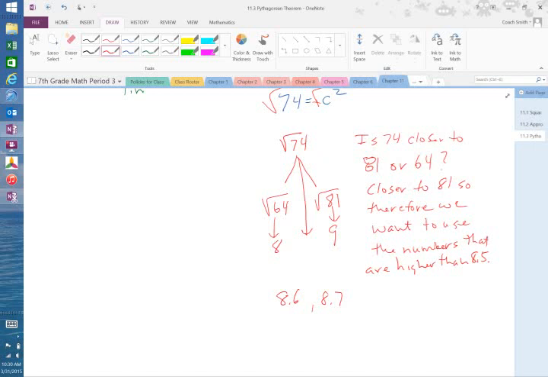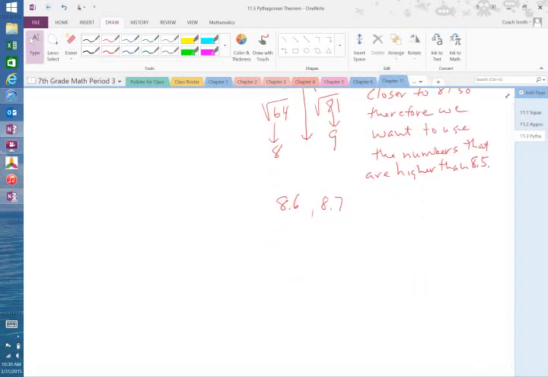Okay, so when you multiply 8.6 times 8.6, what do you get? Emma's row, do 8.7 times 8.7. Anybody got me 8.6 times 8.6?